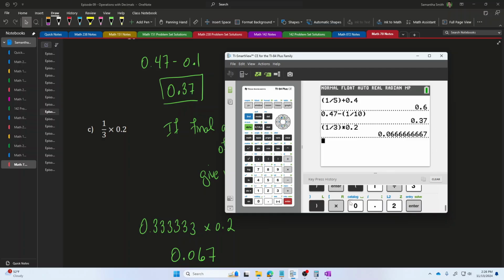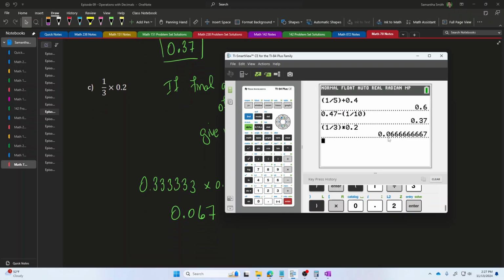To round that to the third decimal place, we could do exactly the same thing that we did earlier. Look at the third decimal place, go one digit to the right of that. It's a pretty big digit, so I will delete these numbers and increase this value by 1. And that is how I would get 0.067 here.